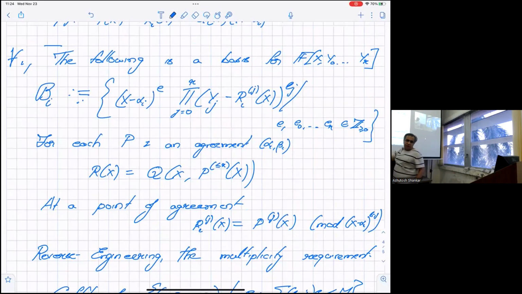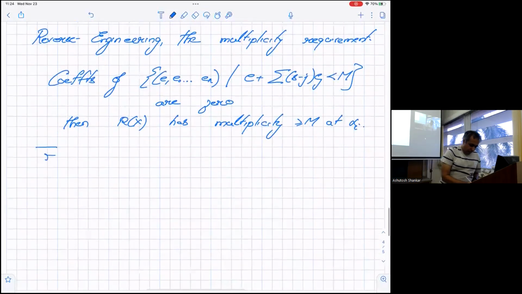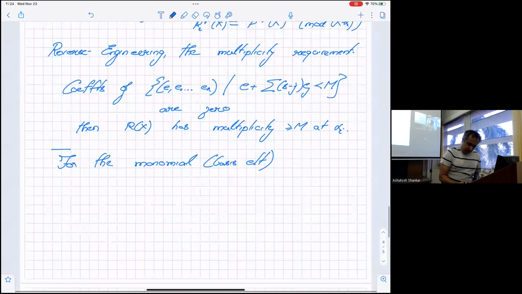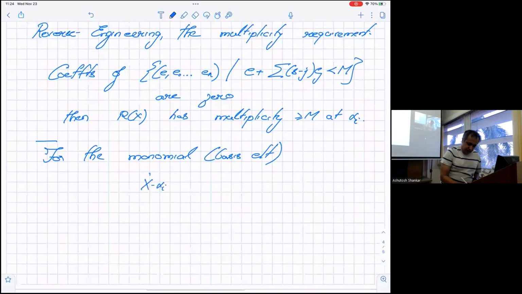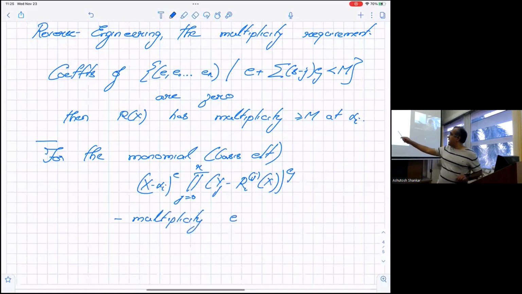For a particular basis element, which is x minus alpha_i to the power e, times the product of (y_j minus R_ij(x)) to the power e_j, j going from 0 to r, the corresponding multiplicity, meaning the power of x minus alpha that divides this, will be 1 times e from this, and each of these has multiplicity s minus j.